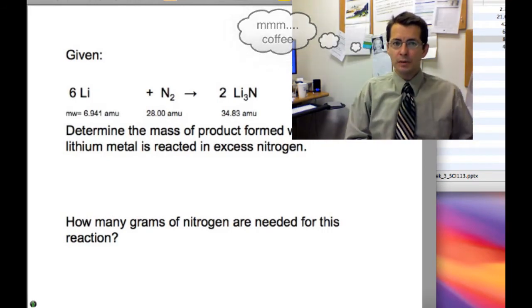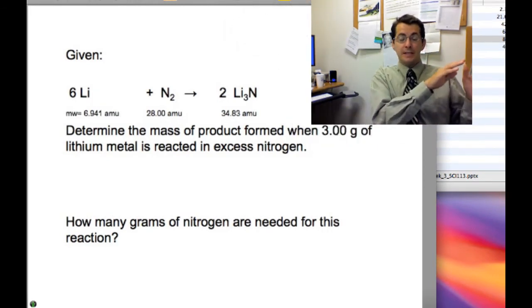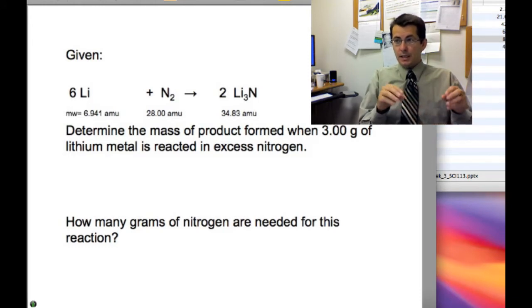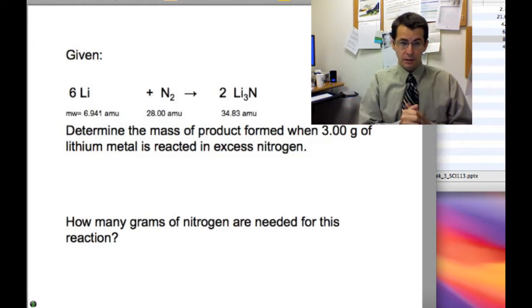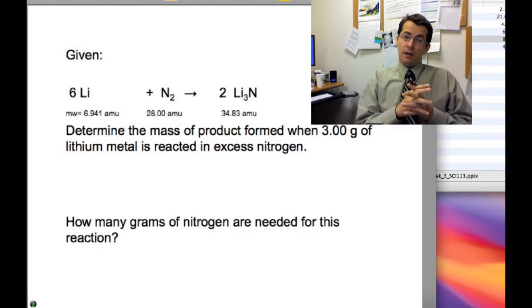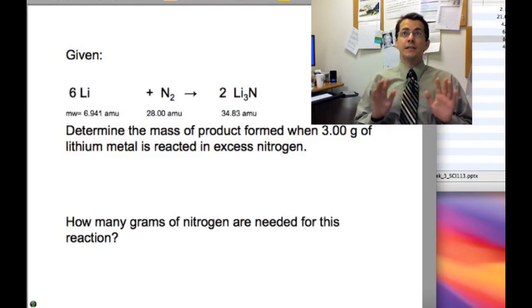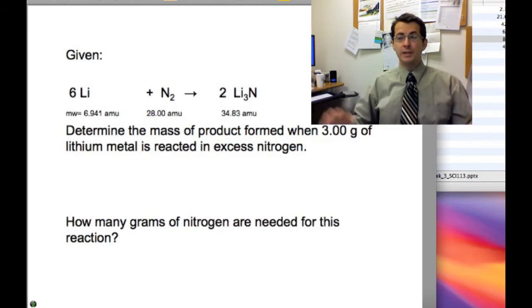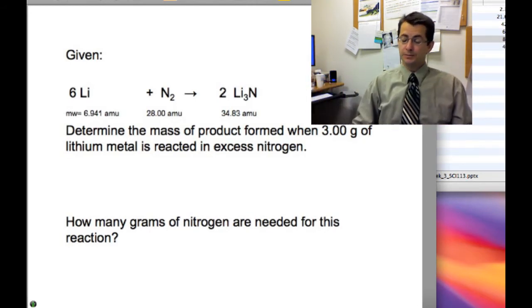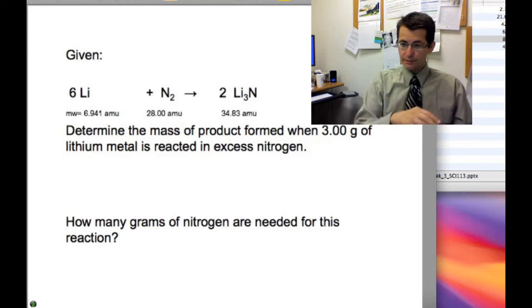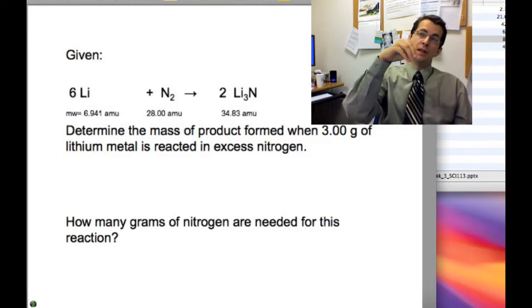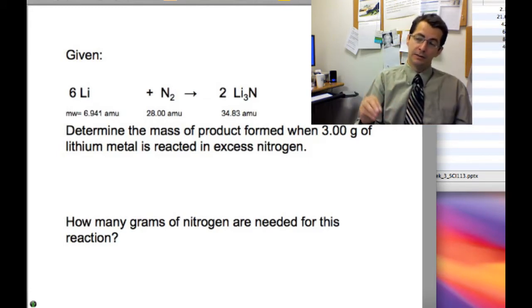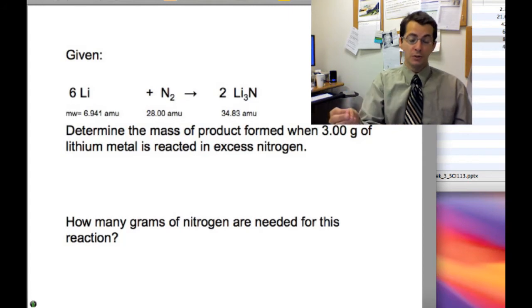So, going back to our problem, we have this idea of molecules and atoms expressed in our balanced chemical equation. Now, we shift into the macroscopic when we deal with masses of material. In the last set of lectures, we talked about how to convert the mass of a compound into the moles of that compound.